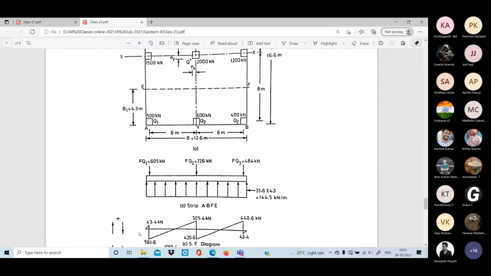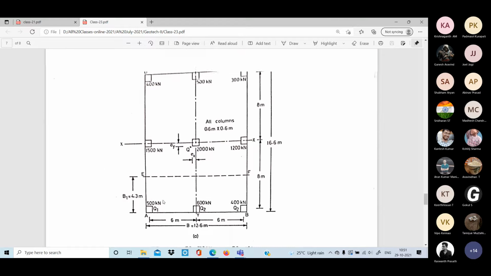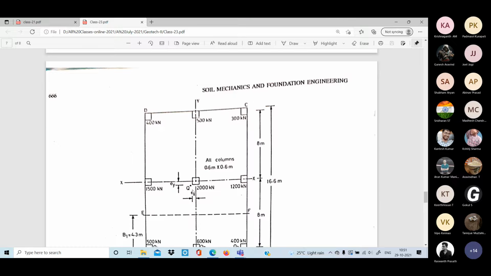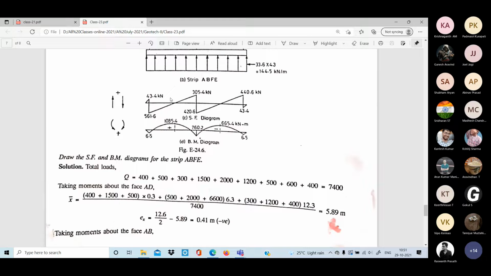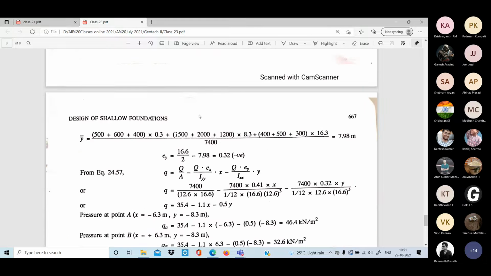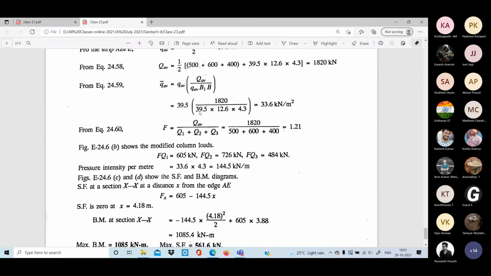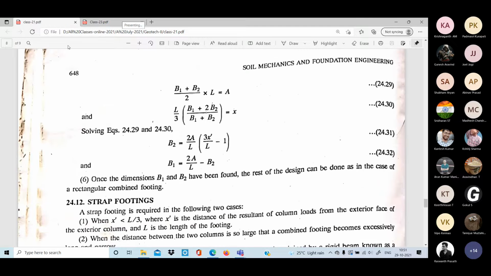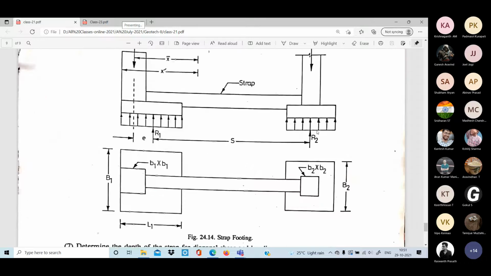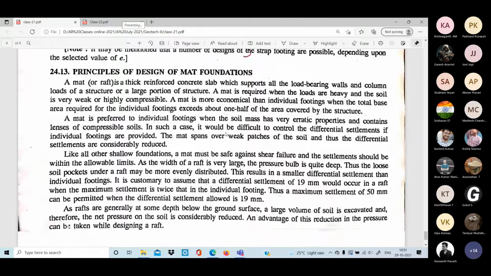What else? This raft foundation also, if you recall, EX, EY, we will calculate it. Okay, and again, shear force and bending moment can be drawn, and finally, if you see here, maximum bending moment is given, maximum shear force is given here. So this thing is also given here, strip footing also given, this footing also we have already seen.